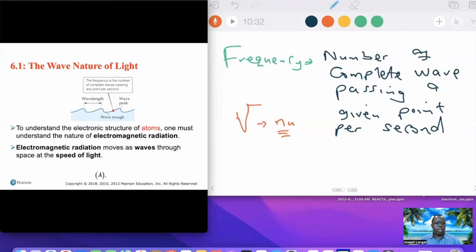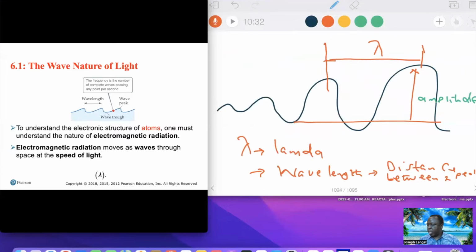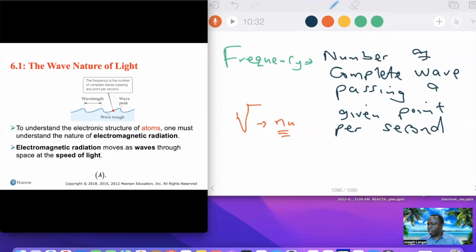All right. Electromagnetic radiation, just like a wave, has some speed. So this is right here the wavelength, the frequency, and then the amplitude. Amplitude, you gotta know what an amplitude is.